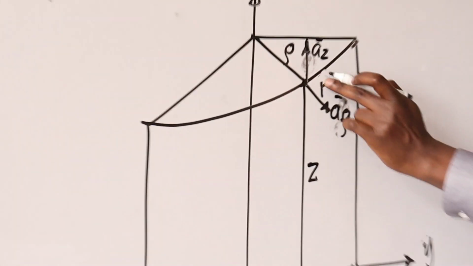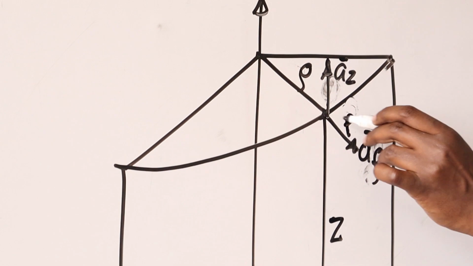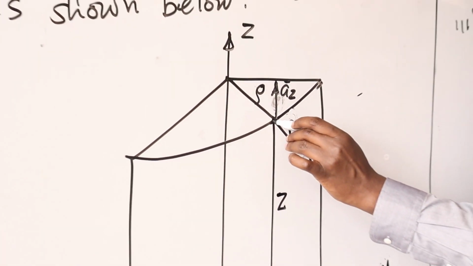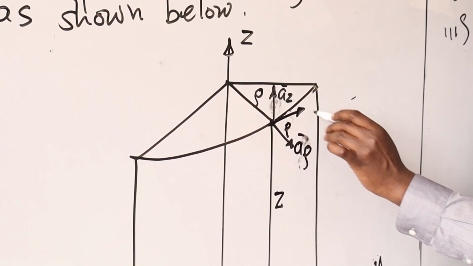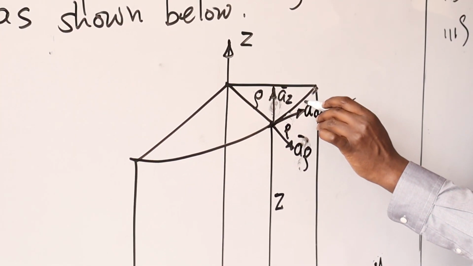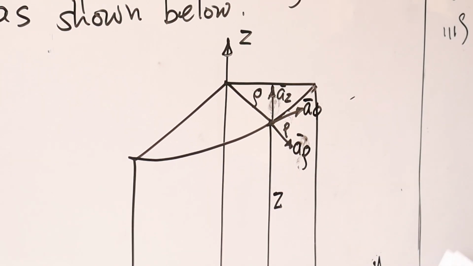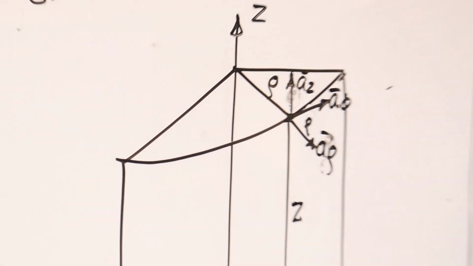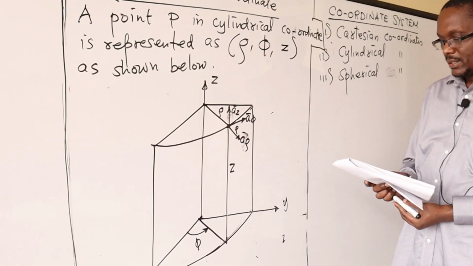Similarly, the unit vector that is tangential to the curve will be our unit vector A phi with a bar on top. That is how we represent a point P in a cylindrical coordinate system.